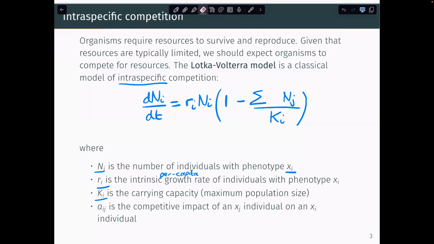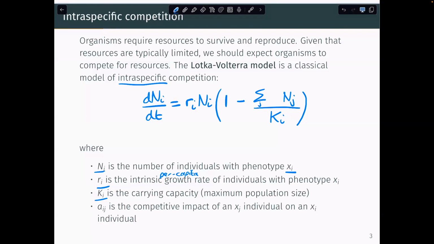The other thing that we need to include here, because we're thinking about competition between phenotypes, is we need to think about the interactions between phenotypes. These might be direct interactions, as in, they're actually physically competing with each other, or they might be indirect because they're both exploiting the same resources, and therefore there's less resources around. Okay. So what we're going to do is sum over all possible phenotypes j.